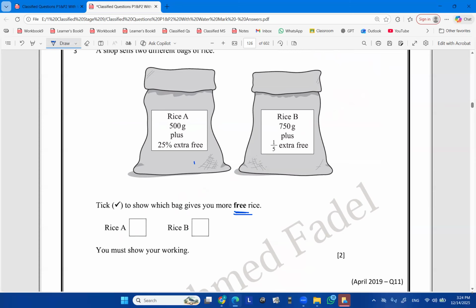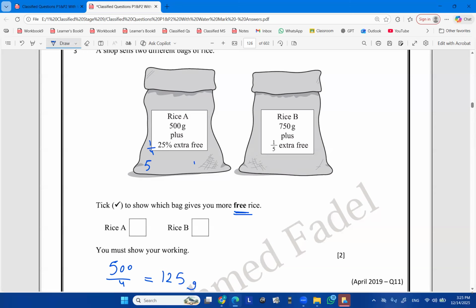What is 25% of the 500? 25% is a quarter, which means you can simply divide by 4. You must show your working. I'm going to say here 500 divided by 4. Why must we divide by 4? Because they said 25%, and we know that 25% is the quarter.